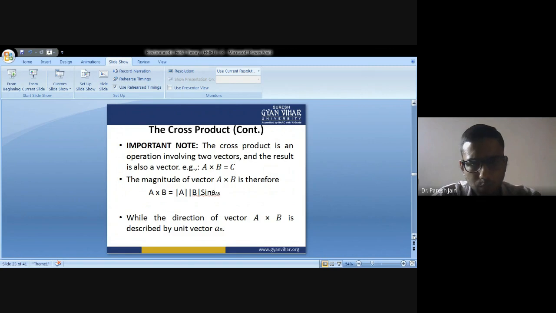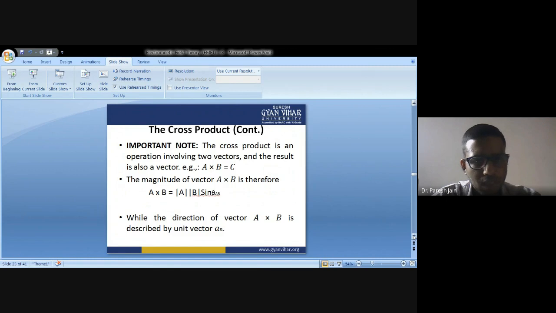In case of the dot product, when we produce the dot product of two vectors, the result will be a scalar quantity. But in the cross product, if we produce the cross product of two vectors, then the result is a vector quantity.